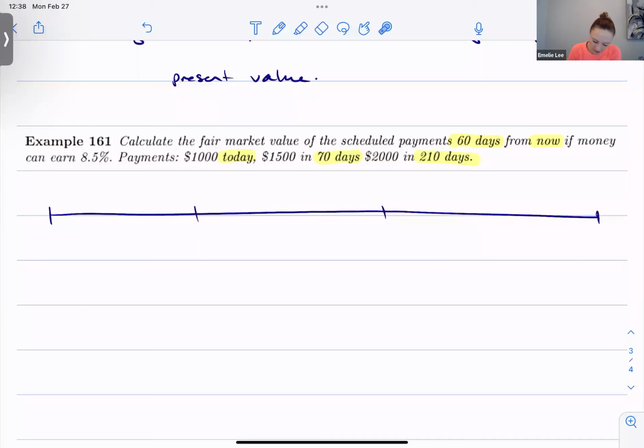And so that means that today is going to go as the first tick. So now I'm organizing these chronologically. 60 days, then 70 days, and then 210 days from today.